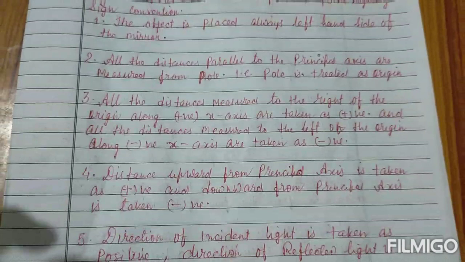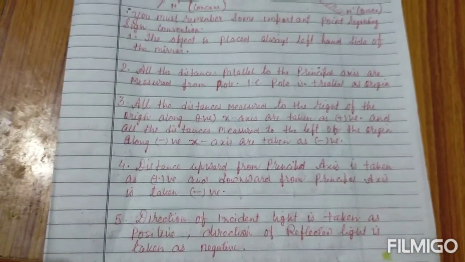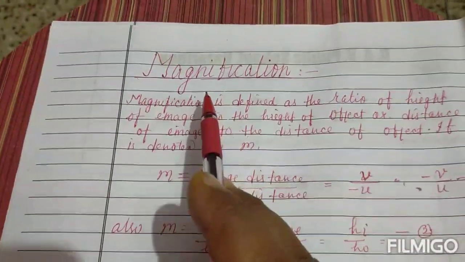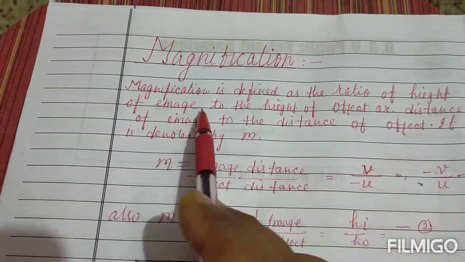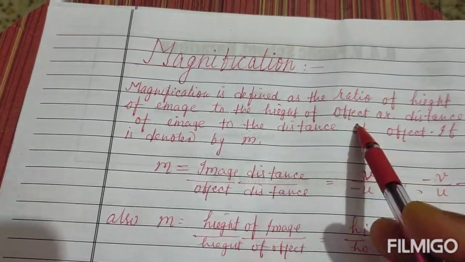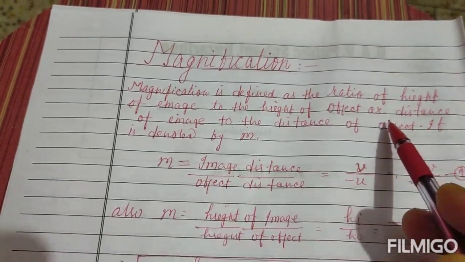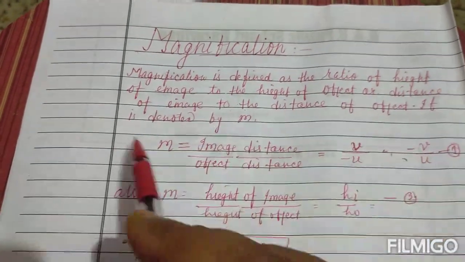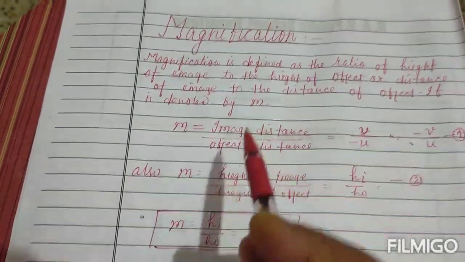Now we will see magnification produced by a spherical mirror. Magnification is defined as the ratio of the height of the image to the height of the object, or it is also called the ratio of the distance of the image to the distance of the object. It is denoted by m.